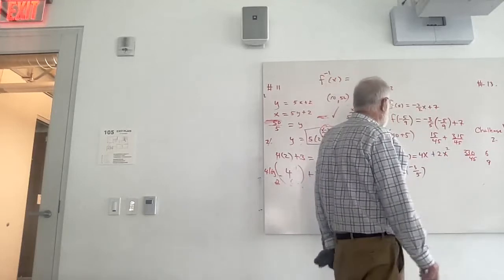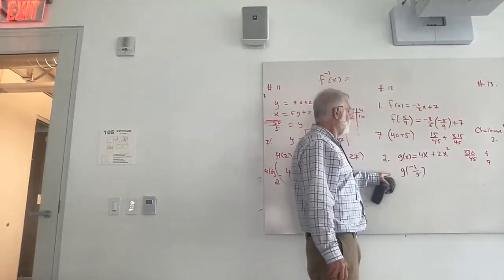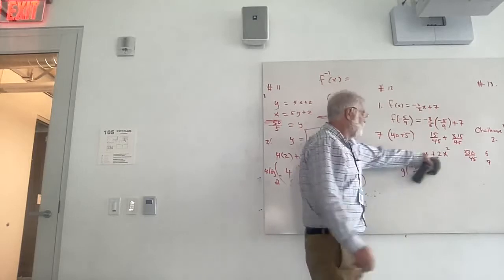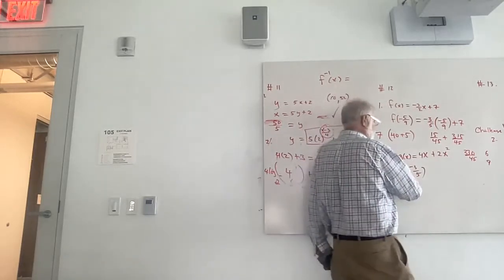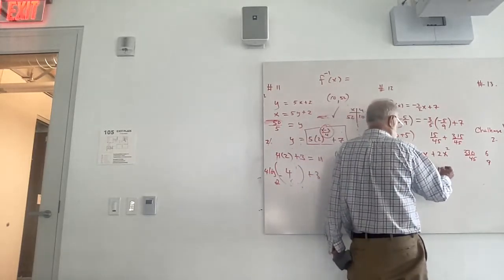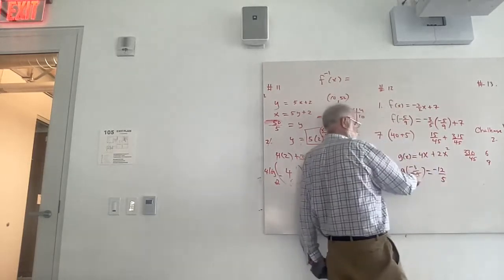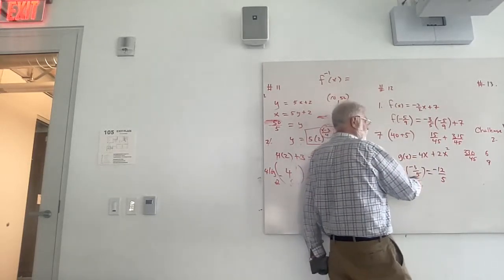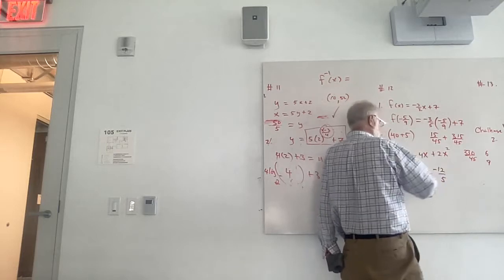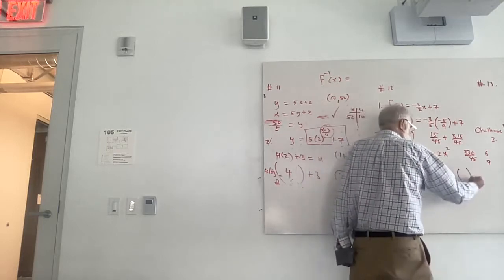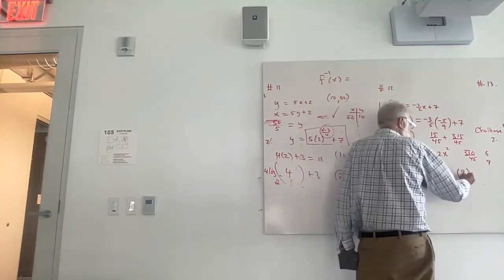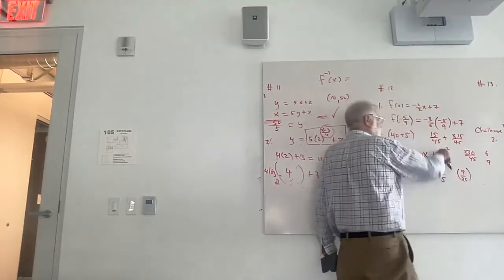All right, what are we looking for? Oh, a challenge question. No, it's not a challenge question. I was going to make you do the inverse. Minus 3/5. So that's minus 12/5, right? 4 times this is minus 12/5. When I square minus 3/5, the squaring gets me 9/25. Okay, that's doing the squaring.